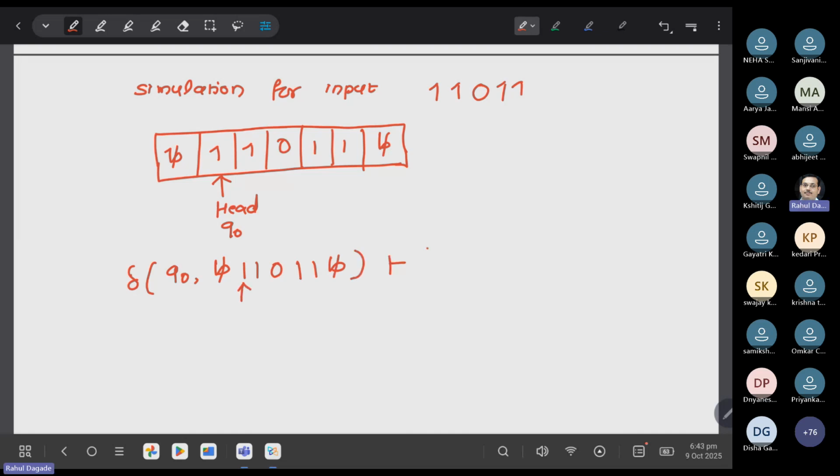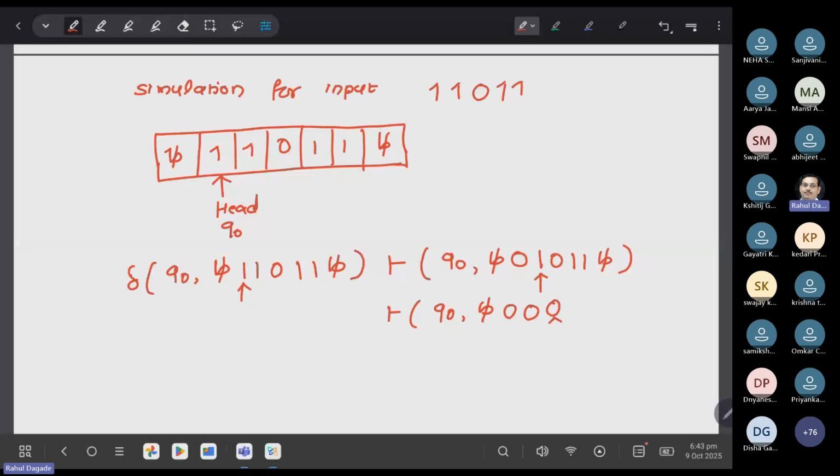So how is it doing? It is remaining in the same state Q0, the 1 is converted into 0 and the pointer moves to the right. So here is the pointer. The remaining input is 0 1 1 blank. So that is Q0 blank 0, 1 is converted into 0 and the pointer moves to the right.